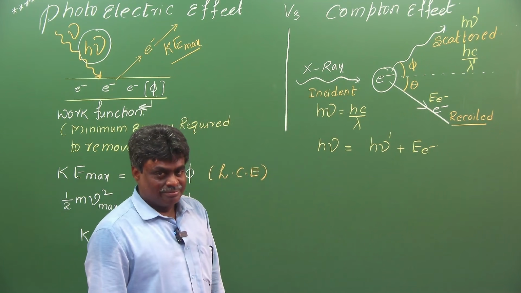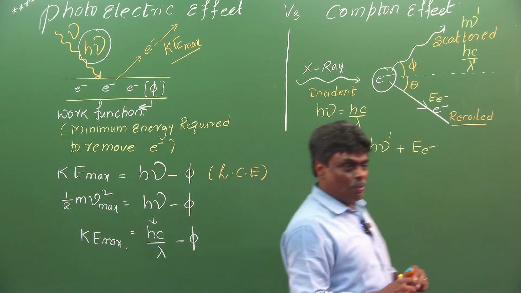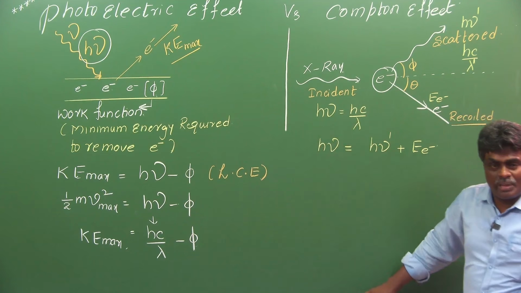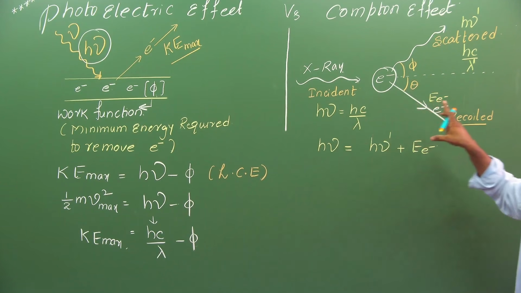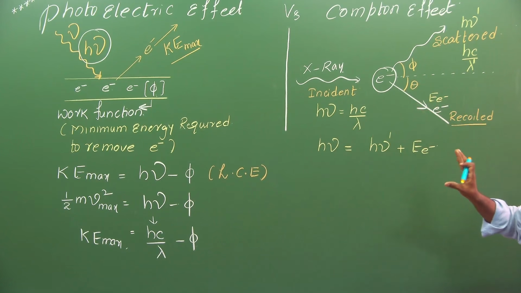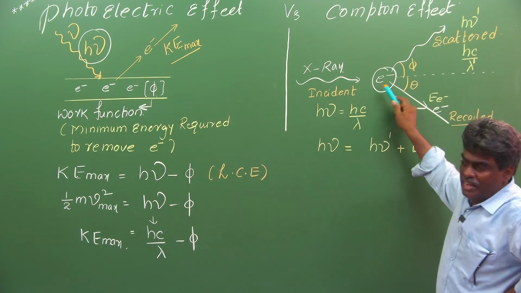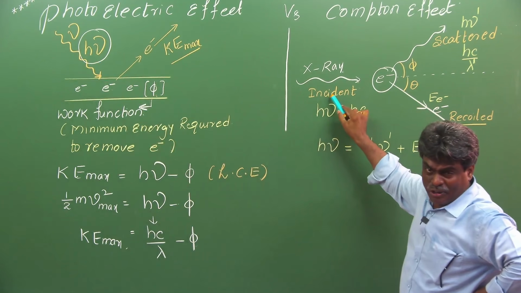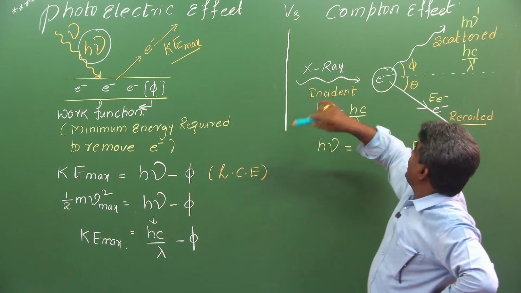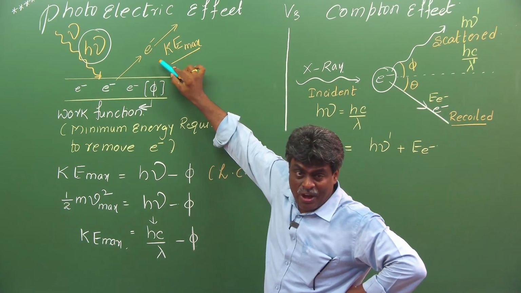Okay. So what is the difference between these two? What are you observing in the diagram, please tell me. In the photoelectric effect and the Compton effect, just observe carefully. Here is an electron? Yes. Here is an electron? No difference. Here incident photon? Yes. Here incident photon? Yes. Here scattered photon? Yes. Here any scattered photon?